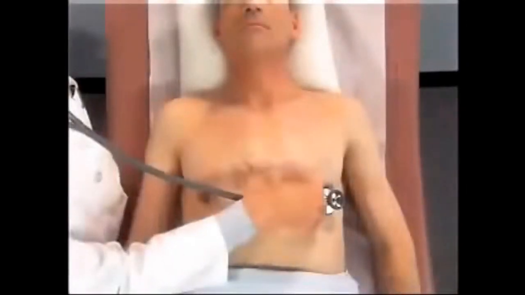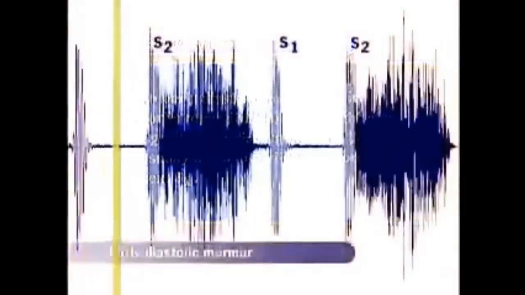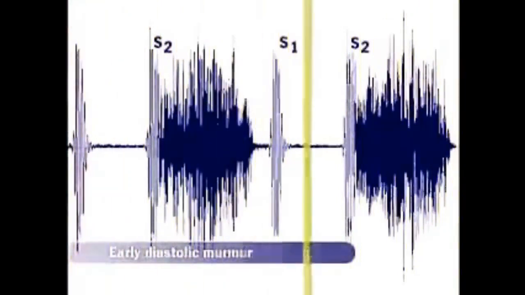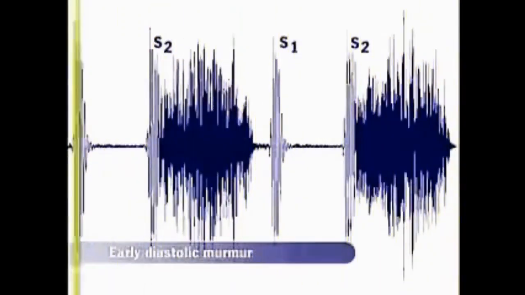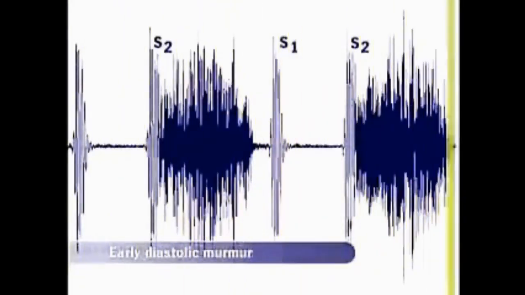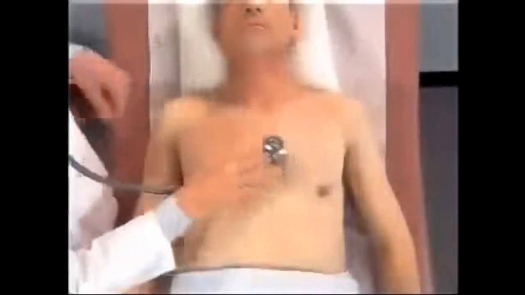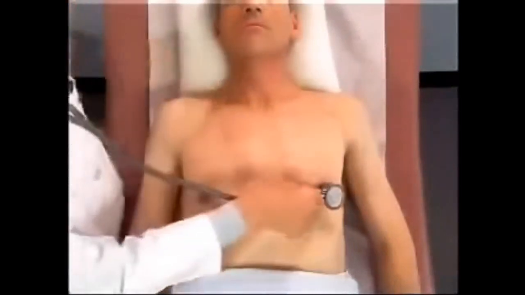Let's turn our attention next to diastolic murmurs. An early diastolic murmur, as in aortic regurgitation, starts right after S2 without a discernible gap, and usually fades into silence before the next S1. A mid-diastolic murmur, as in mitral stenosis, starts a short time after S2.